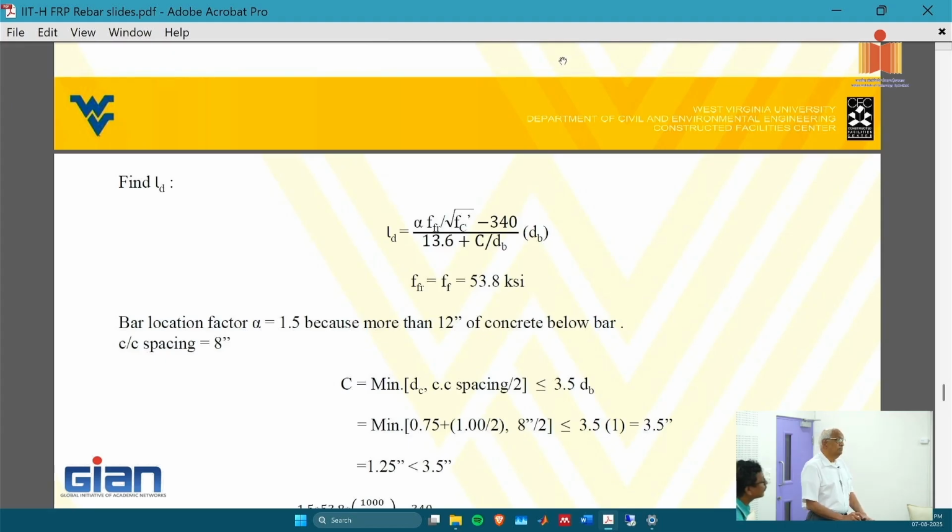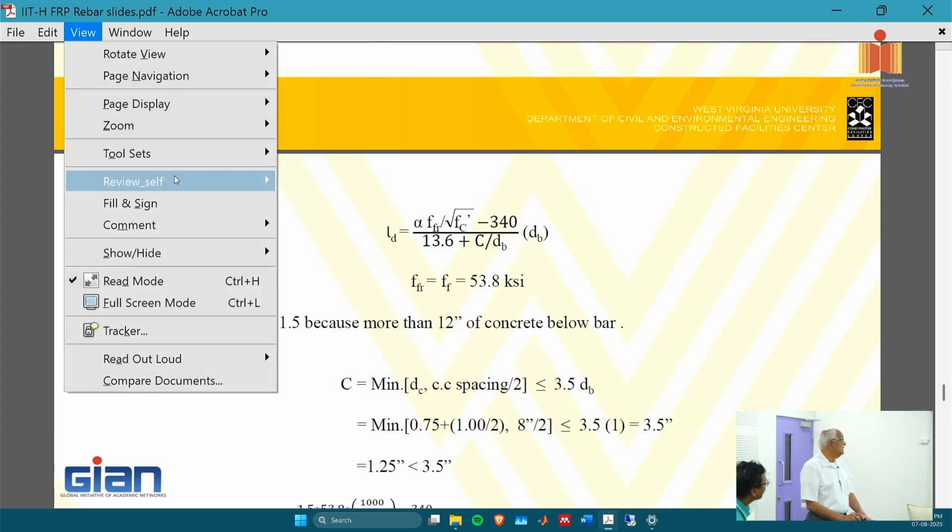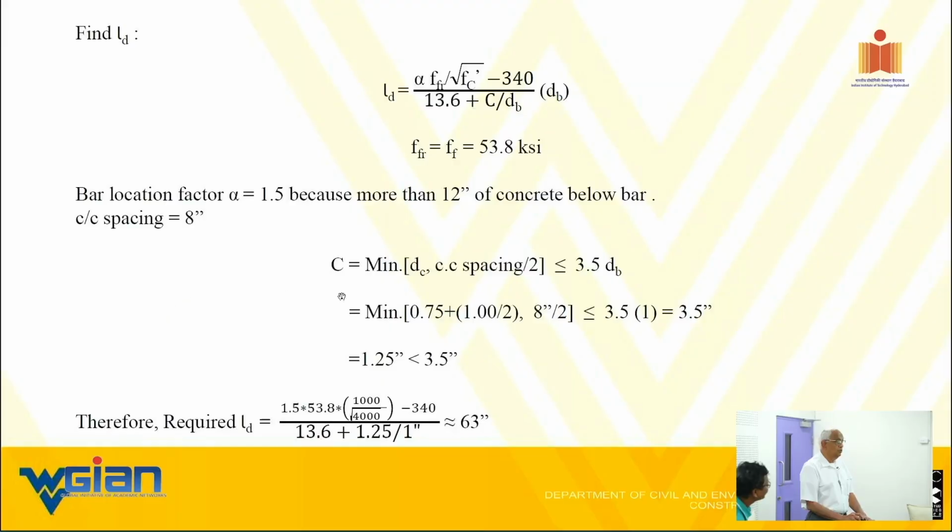So again, please note, these equations that are given to you here are empirical in nature, and that is the code equation. I forgot to mention the code equation number, but that is the code equation.